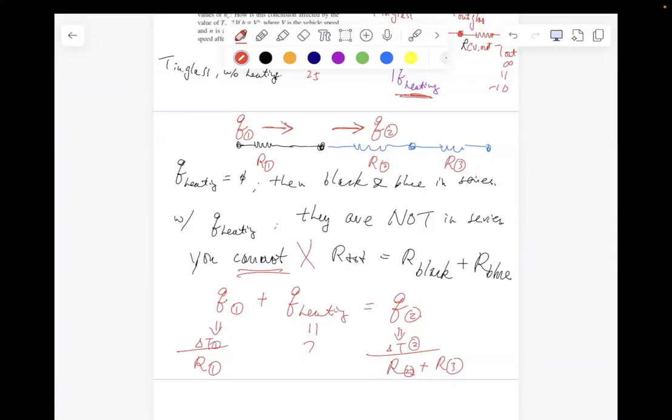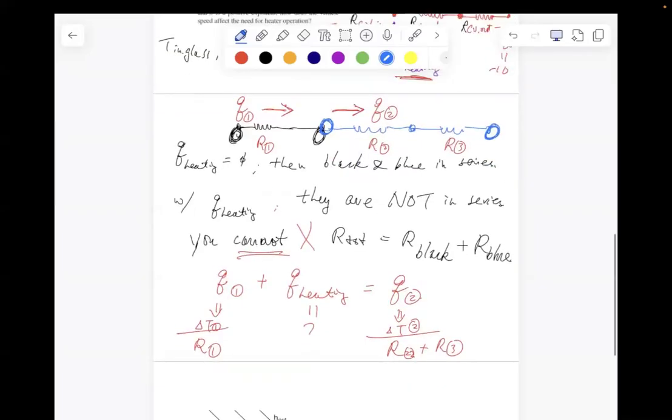And for those of you who still don't know, the delta T of the black section should be the temperature difference between these two locations, and the delta T of the blue section should be the delta T between these two locations.